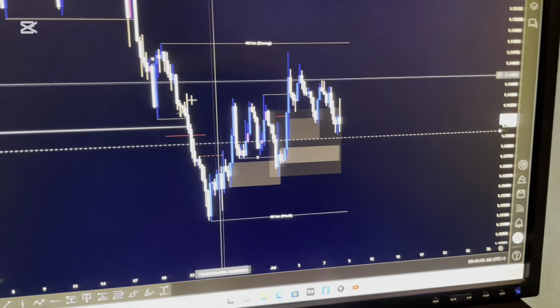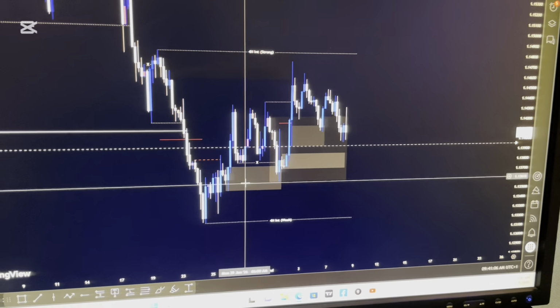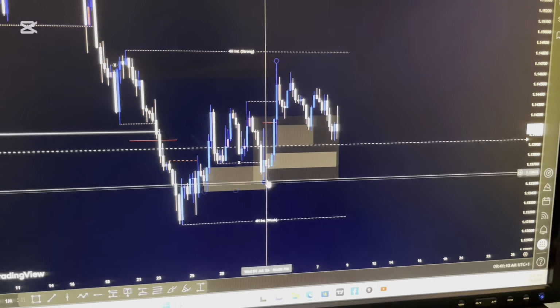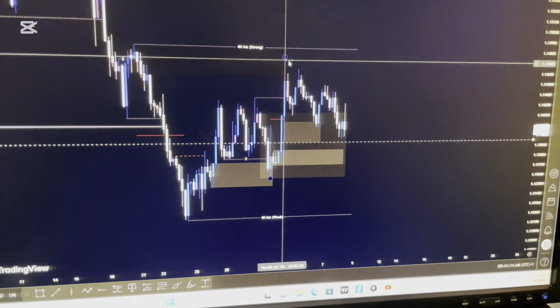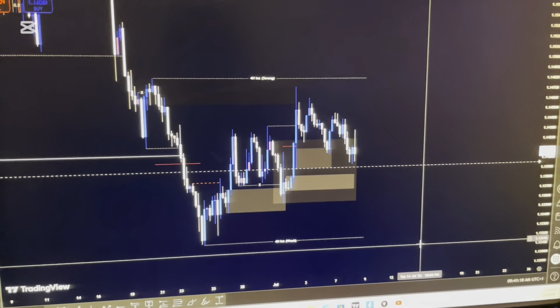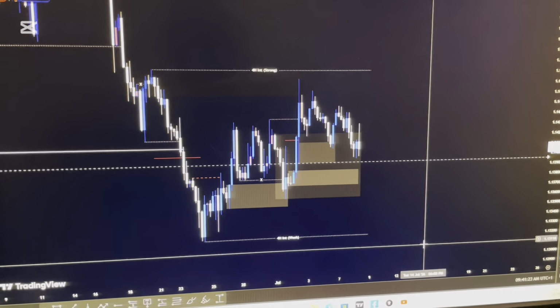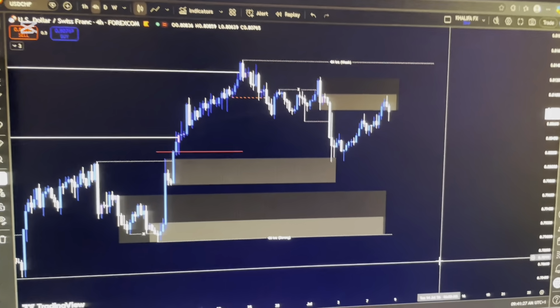Price came here, tried to make a lower low, but failed, and then it went on and broke. So if this low holds, then I'll be able to look for longs to target this weak high here and possibly this right here. So the 4-hour is showing me that the pullback may be starting, but I'm not seeing anything at the moment. And that's it for EURUSD.